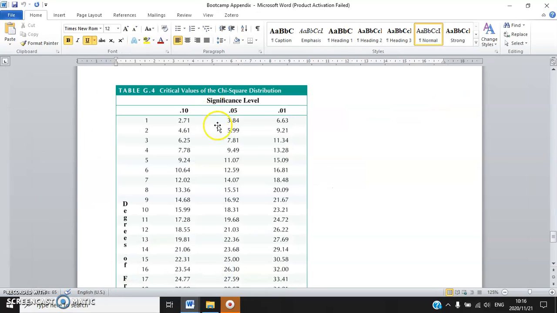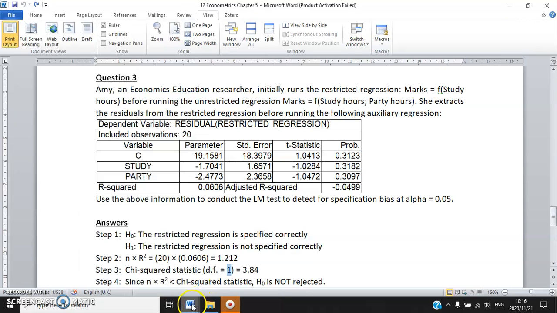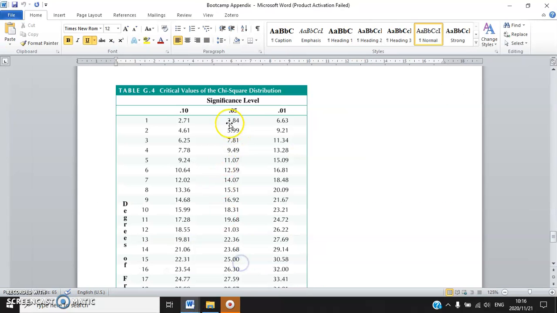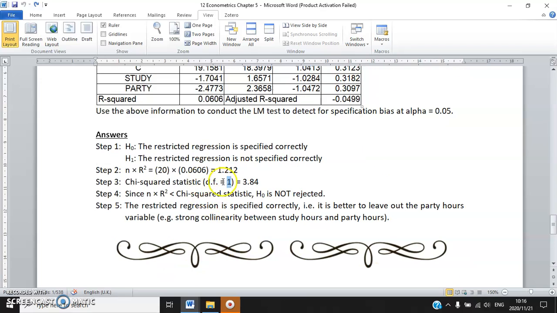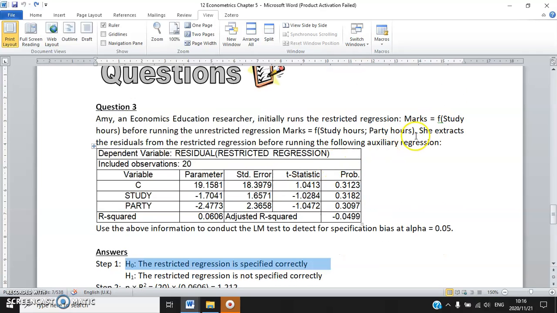Then we use the chi-square table: 1 restriction, alpha 5%, 3.84. And since n times R squared is smaller than the chi-square statistic, the null hypothesis is not rejected. Therefore your restricted regression is fine.